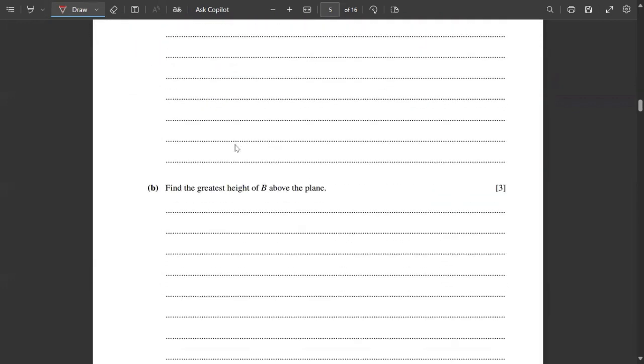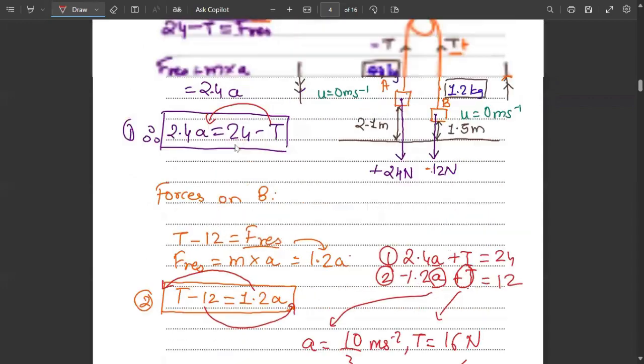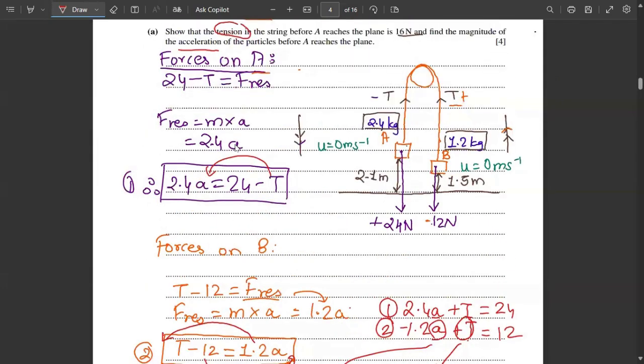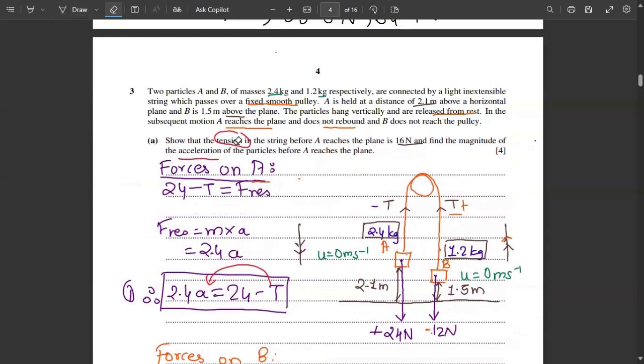Find the greatest height of B above the plane. Okay. So now here A will move downwards and B will move upwards. So what they've asked us to find is the height. So now one thing to realize is the distance traveled by A will be equal to distance traveled by B. Now what they have told us right here is in the subsequent motion A reaches the plane and does not rebound.